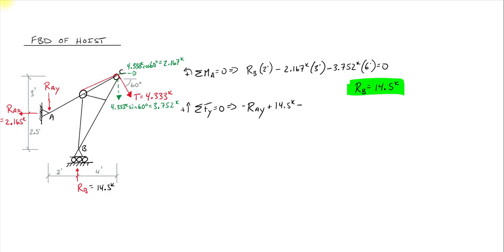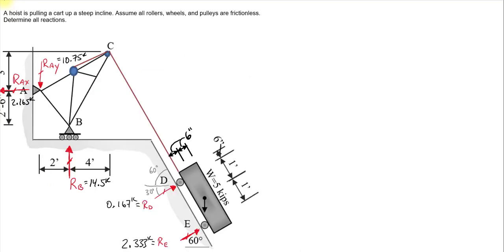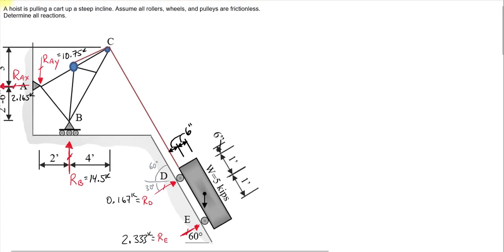So minus 3.752 kips equal to 0. That will tell me when I solve for RAY that it will be equal to 10.75 kips. So that's everything. Those were also both positive, which means that my assumptions were correct. So we have solved for all of the reactions for this machine.